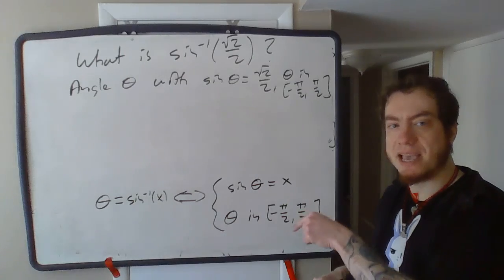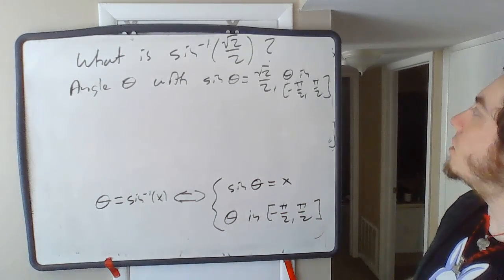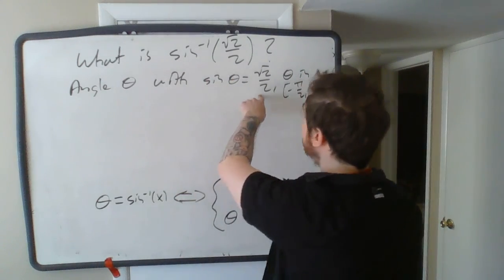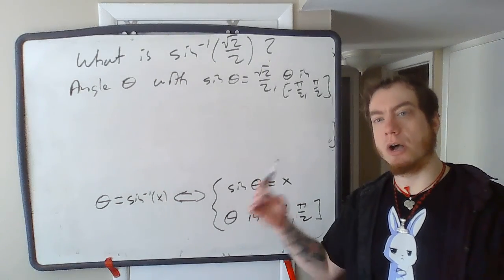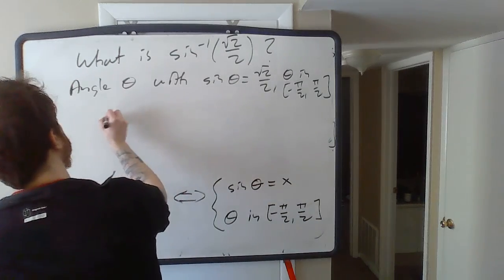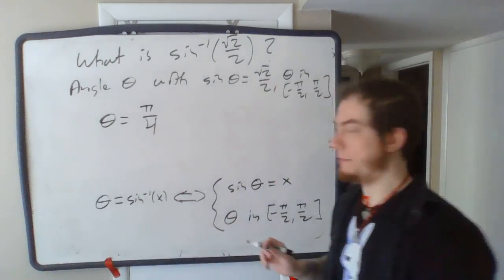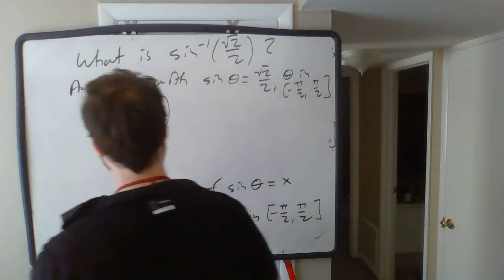That's also going to put this angle in quadrant 4 or quadrant 1. And we know that in order to get a positive value for sine, we need to be in quadrant 1. Well, you can consult back to your table of special trig values, and you see that this is going to come out to be theta equals pi over 4. And that's going to be our answer here.